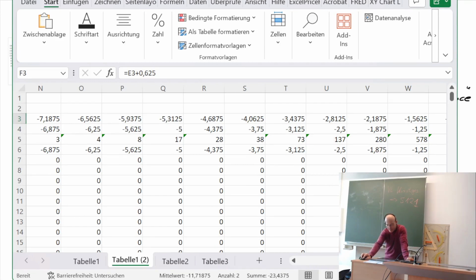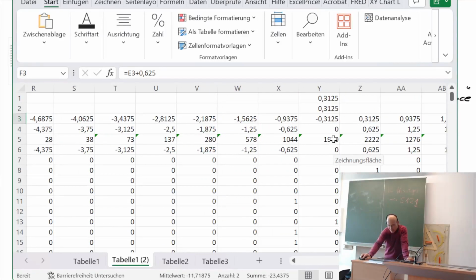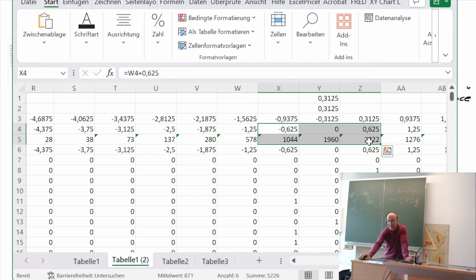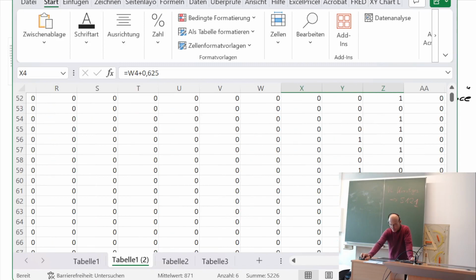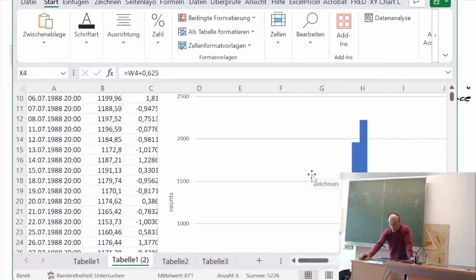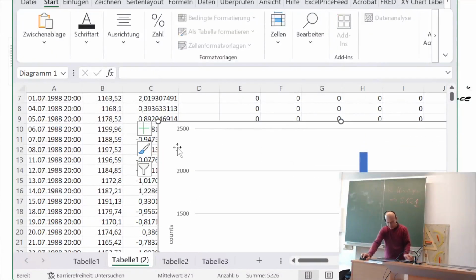And if we go more to the right, then we have the 0, and you see more or less that around these small changes, plus minus, we have the most counts, of course. And this I plotted.